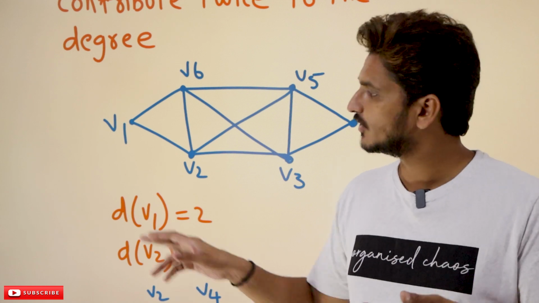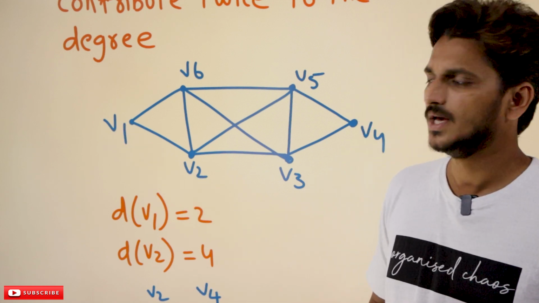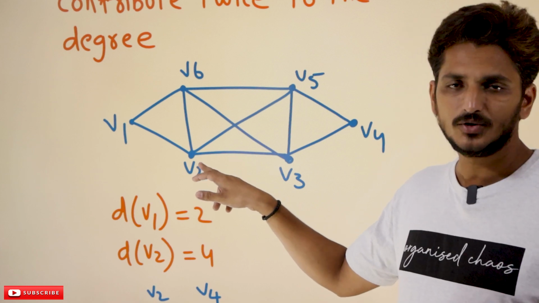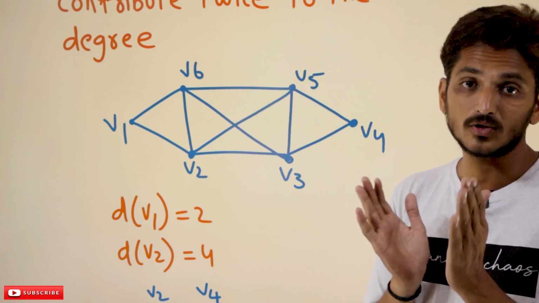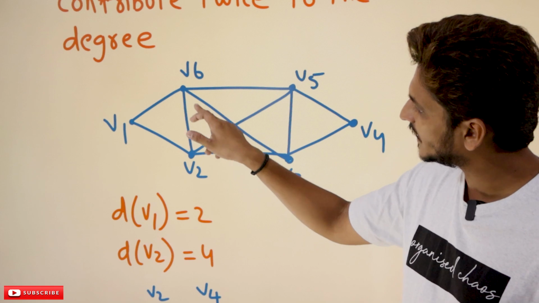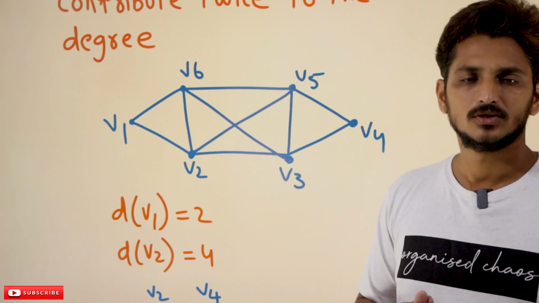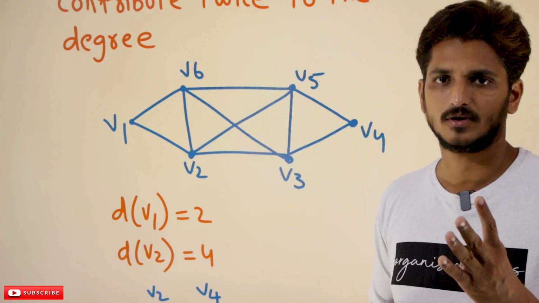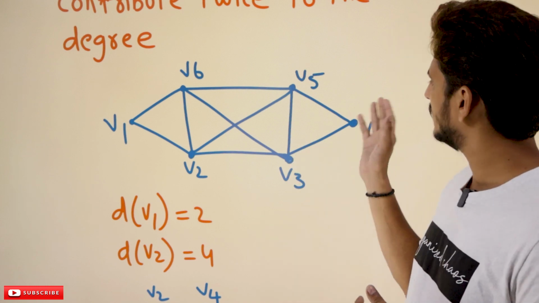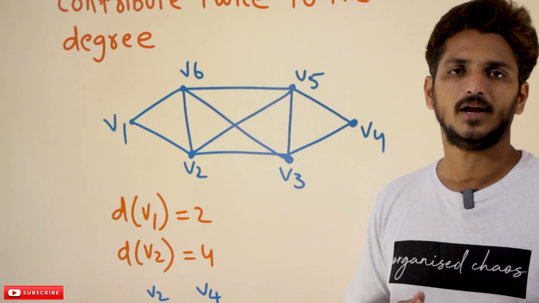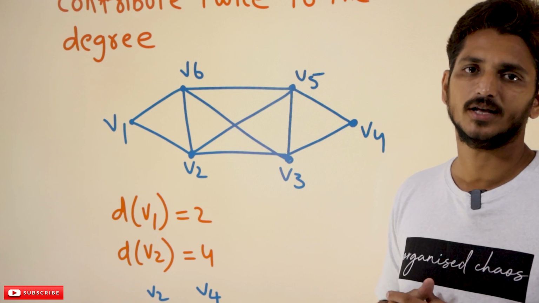That's why the degree of vertex V1 is 2. Similarly, what is the degree of V2? V2 is incident with 4 edges. This is one edge, second, third and fourth. So the degree of V2 is 4. Similarly, we need to find V3, V4, V5, V6. That is what the degree of a vertex means.